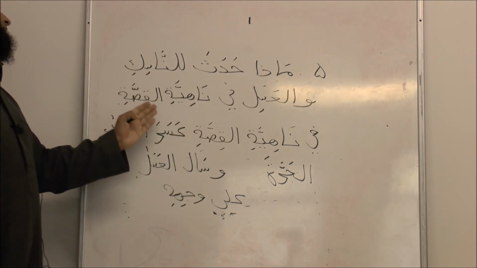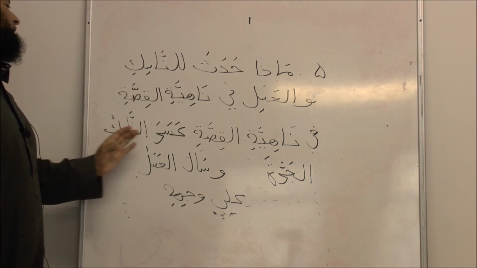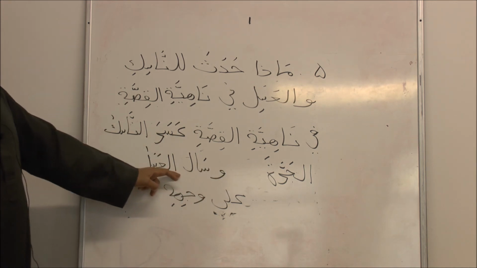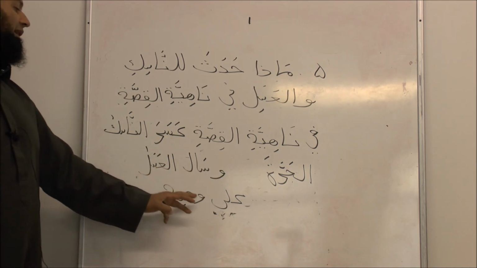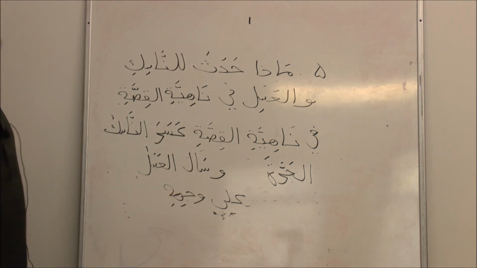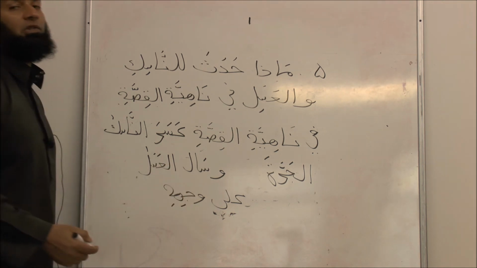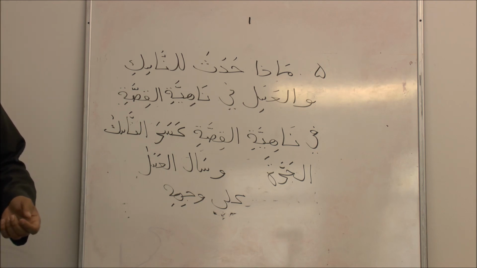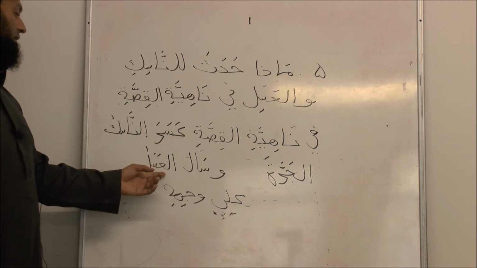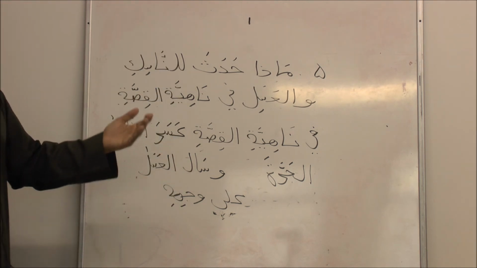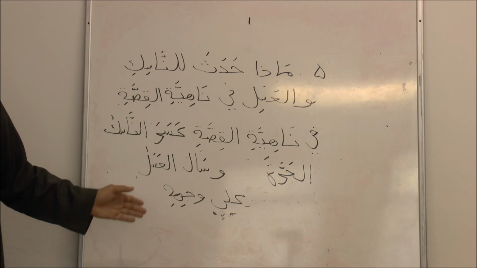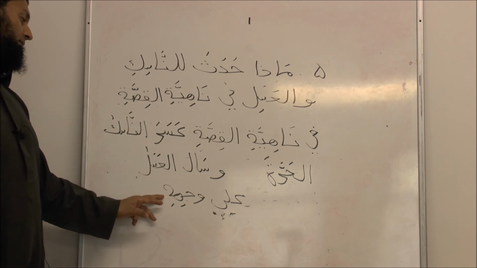In the end of the story, the nasik broke the jar and the honey flowed on his face. What does it mean? وصال العسل على وجهه. The honey flowed على وجهه, on his face.